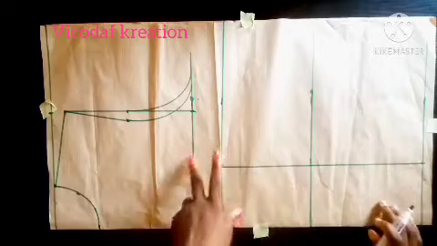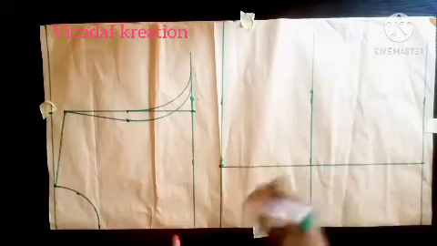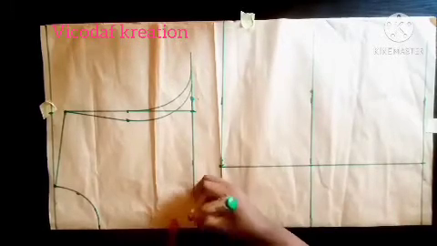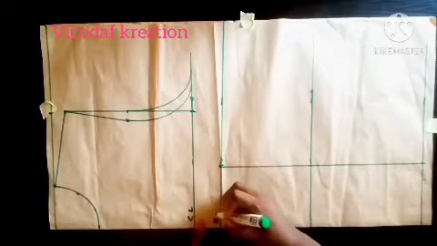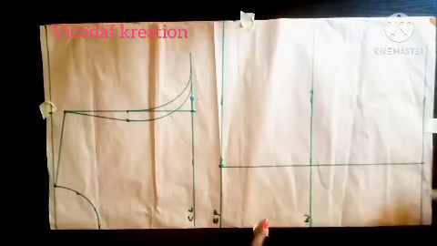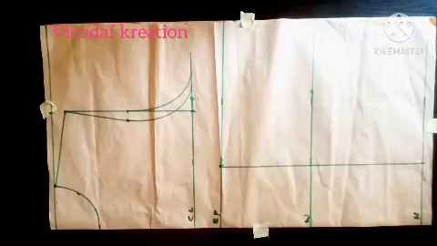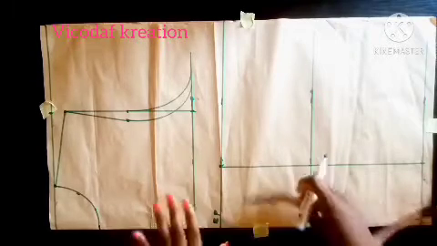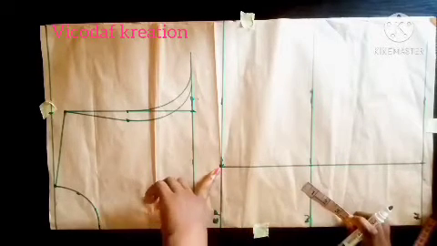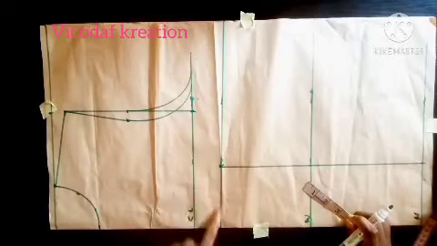So I will label it now. Our chest line, our bust point line, our waist, and our hip. So from the bust point line, I'll come down by 1 inch.